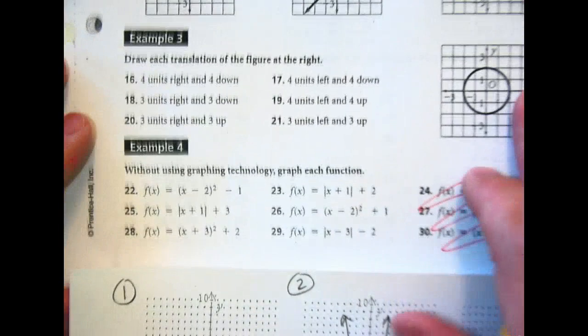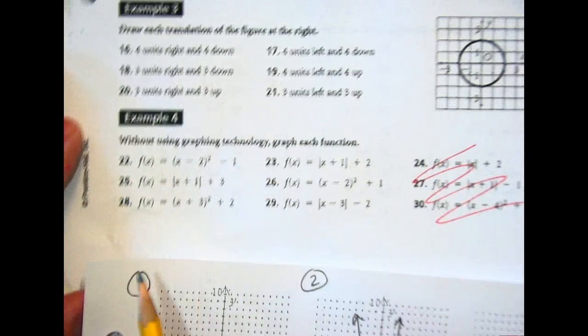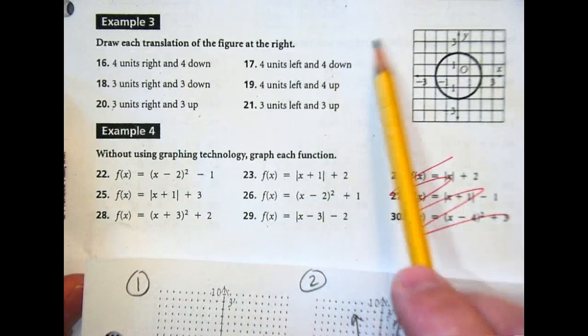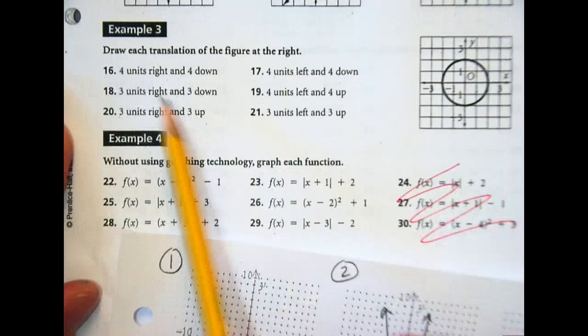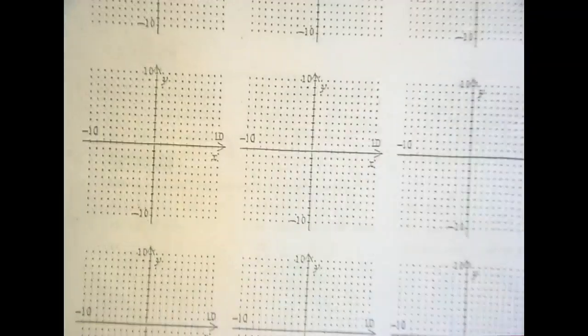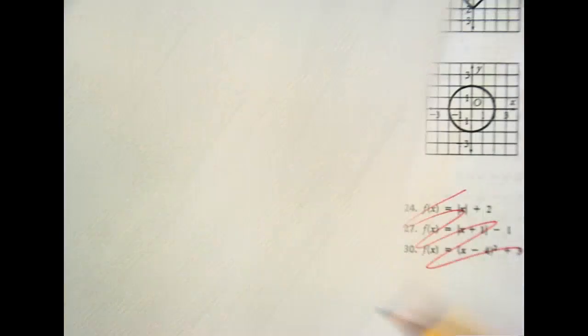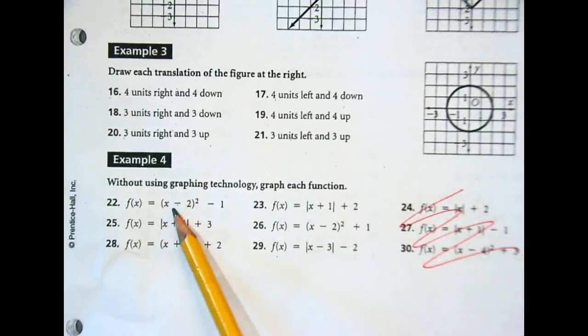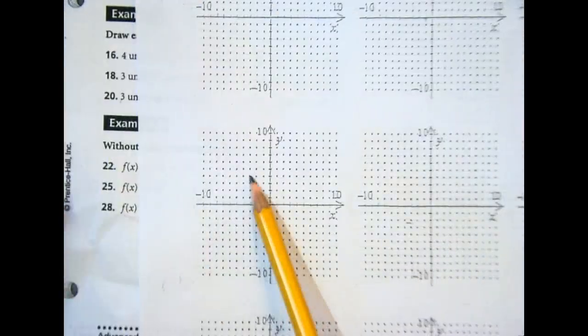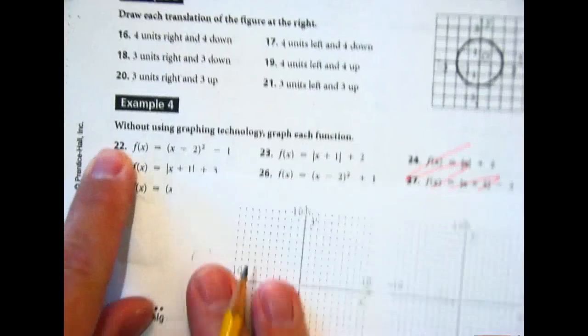All right? Numbers 16 through 21, one graph for each of those. So we had 9 graphs, 10, 11, 12, 13, 14, 15 graphs. There's 12 per page here, so we're now at 15. I'm going to go down to 12, 13, 14, 15. Okay, now I'm down to the 16th graph, which is number 22.